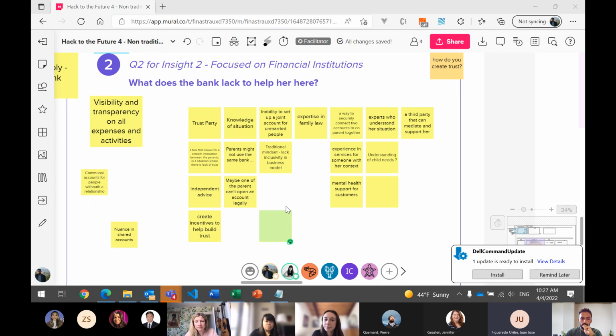For example, if they are jointly saving and reaching some goals, they both get benefits. Or if they provide transparency on expenses, the mom, for example, if she's managing the finances for her child, if she provides more transparency, she earns or gains something. There's something that promotes that trust building.